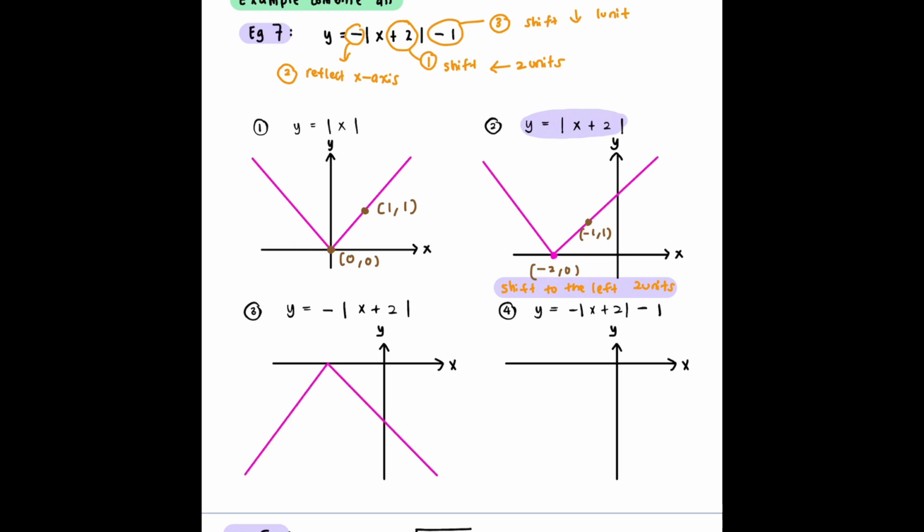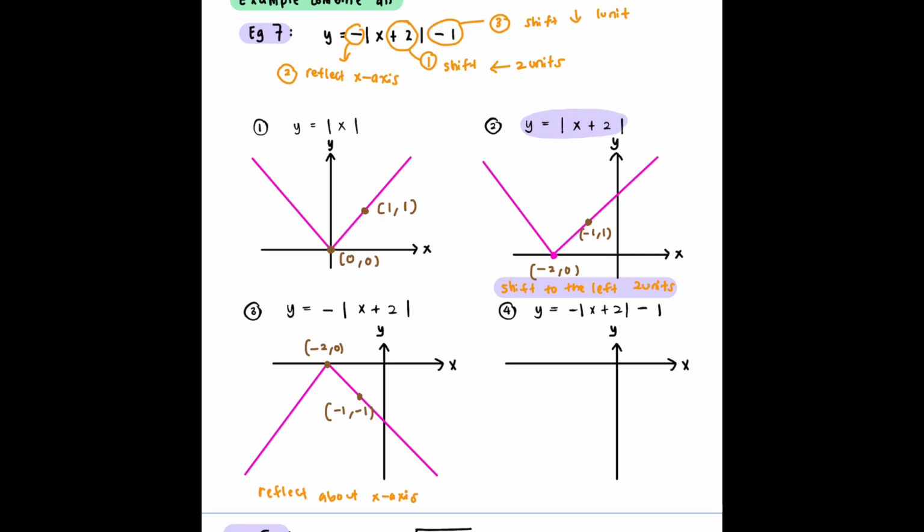That is your new graph. Points on the x-axis remain. This one is still negative 2, 0. But the second point, negative 1, 1, if you reflect about x-axis, the new point will be here, which is negative 1, negative 1. And then what is the explanation here? Reflect about x-axis.